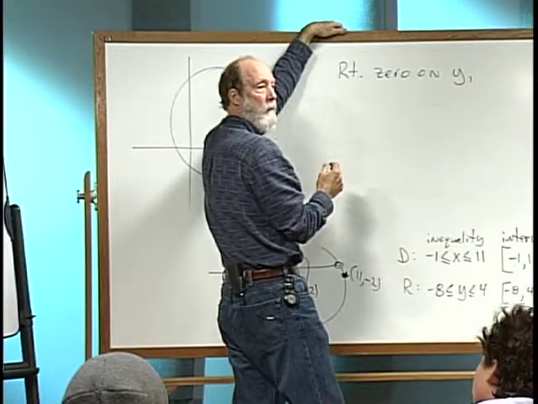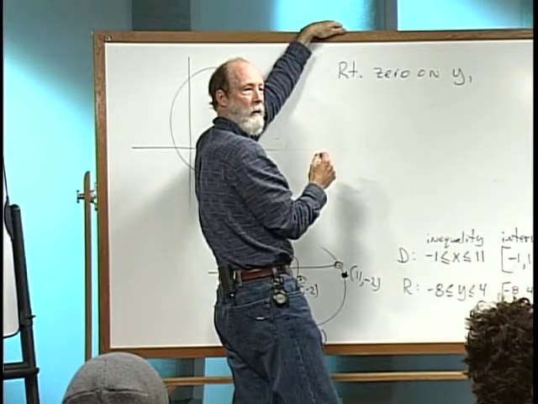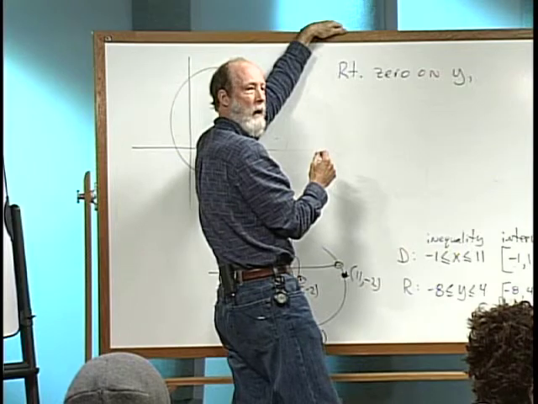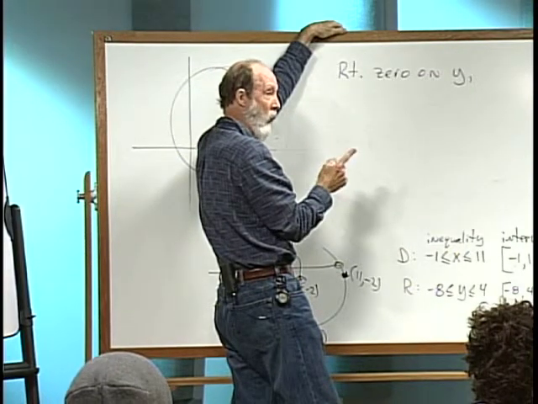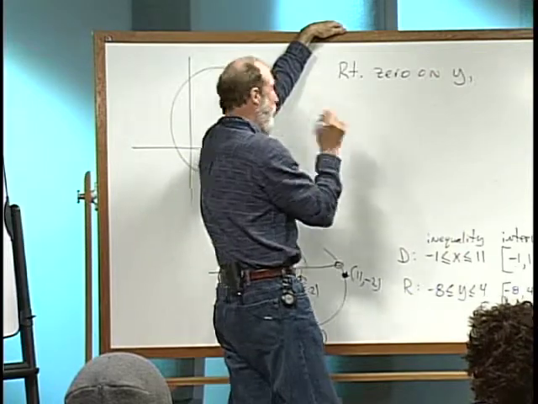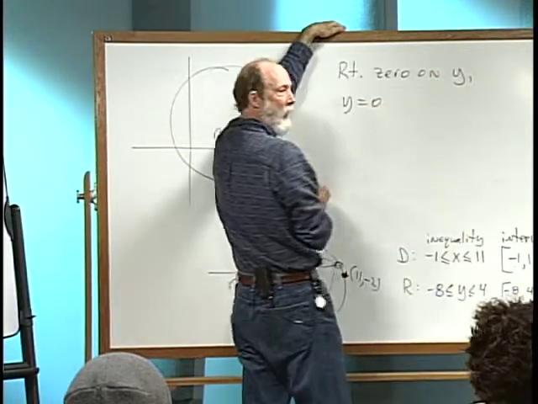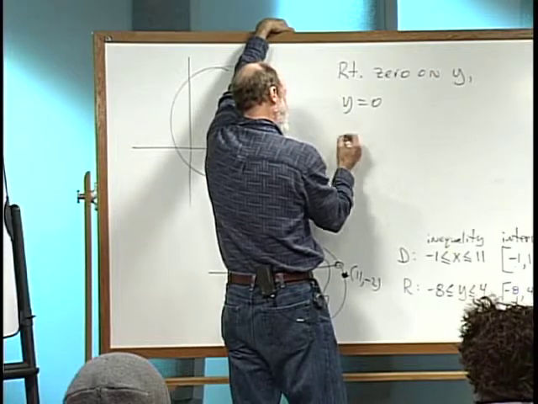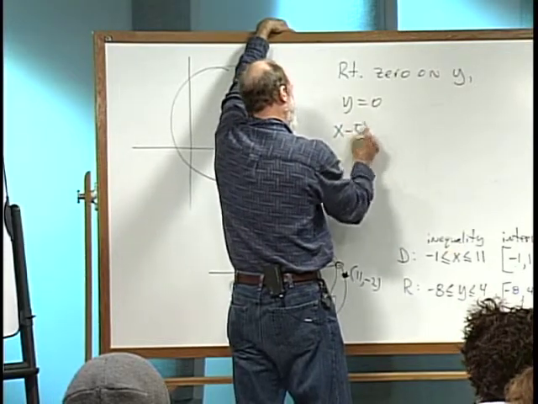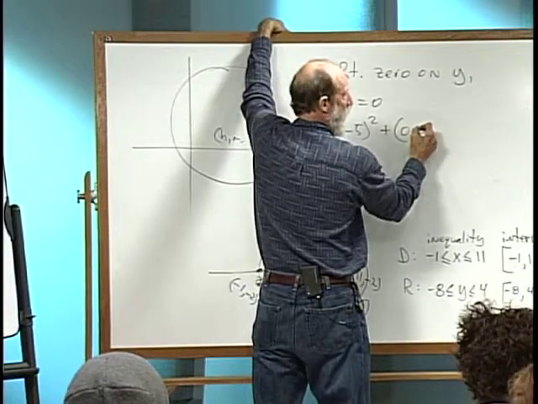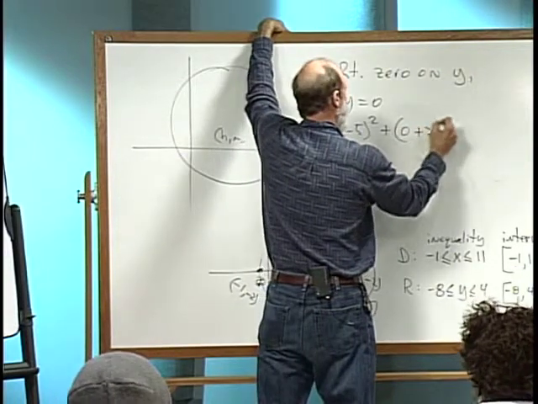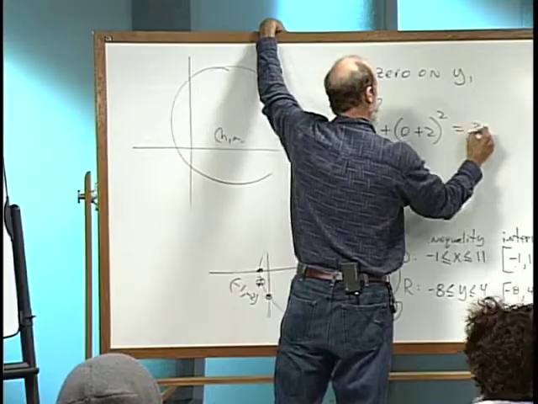So how do you find zeros of a function? You let y equal 0. Let x be 0 or y be 0? We let y equal 0. So look at our equation of the circle: (x - 5)² + (0 + 2)² = 36.